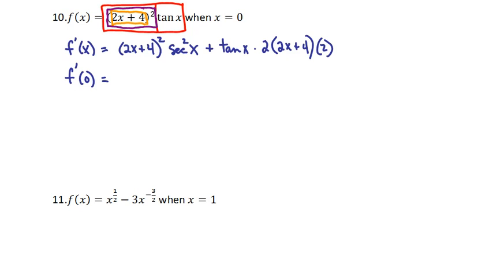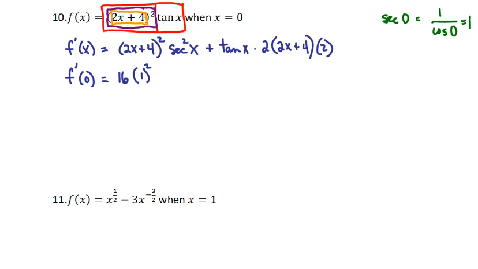Now I want to find out what secant of 0 is. Remember that secant is really 1 over cosine of x, so secant of 0 is 1 over cosine of 0. Cosine of 0 is 1, and 1 over 1 is 1. And so we get secant of 0 is 1, and 1 squared will still be 1. So the first term is going to be just 16.